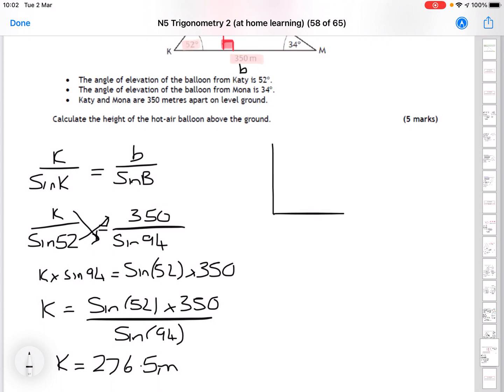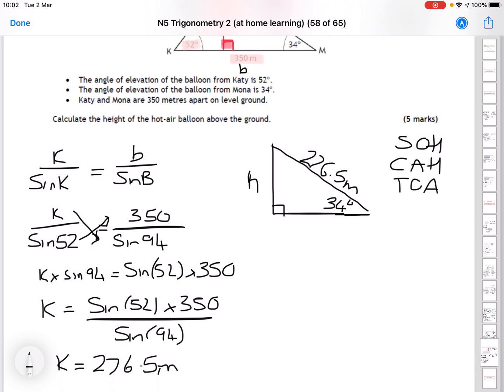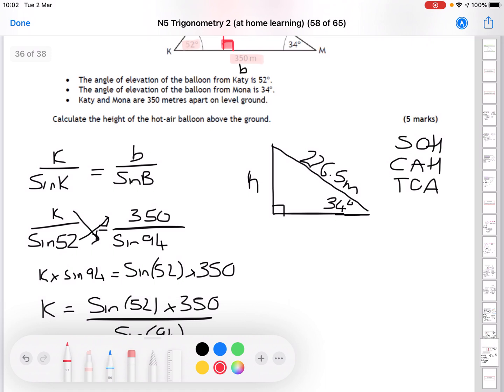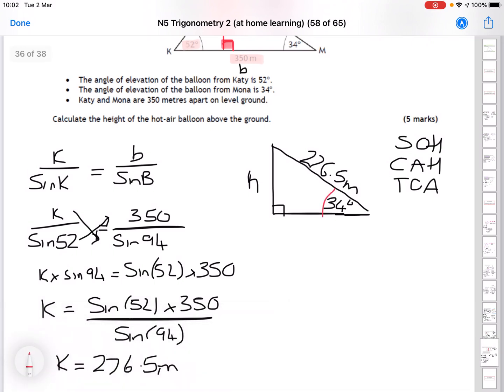So now we can use that extra side that we found to find the height. If I just take out the right angle triangle from the right hand side of that diagram, we're trying to find this height up the top. We've just found the hypotenuse, which is 276.5 metres, and the angle at the bottom was 34 degrees. So I can now use SOHCAHTOA to find this. So if we just write out SOHCAHTOA, in the triangle, from the angle that I have marked here, I have my opposite side and I have my hypotenuse.